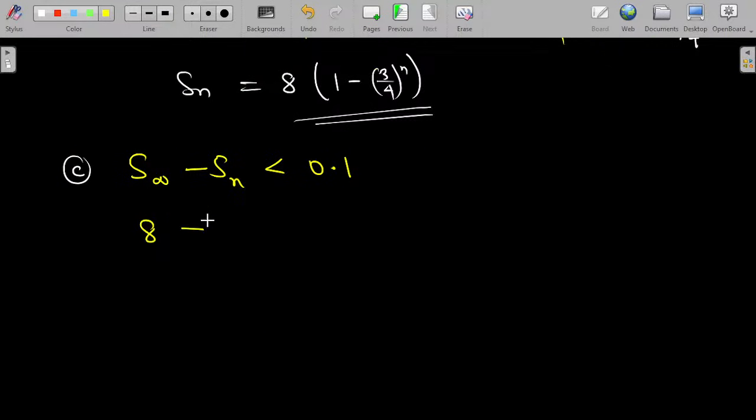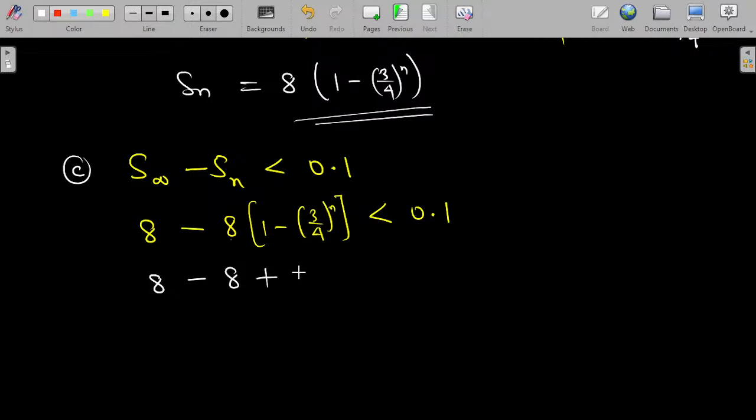And what did we get as our sum of first n terms? That is 8 into the bracket of 1 minus 3 over 4 to the power n. Okay, we close the bracket. So this should be less than 0.1. Okay, so we try to simplify what we have. First, we can actually open this bracket, and if we do, we will have 8 minus, of course, 8 times this will give us 1, and then minus 8 times this is going to become plus.